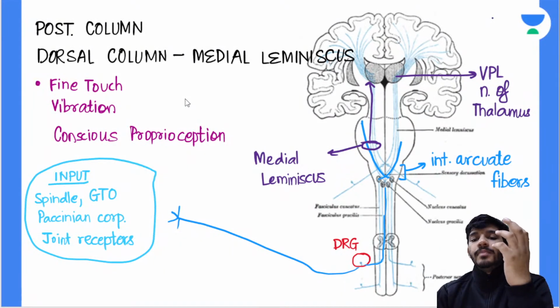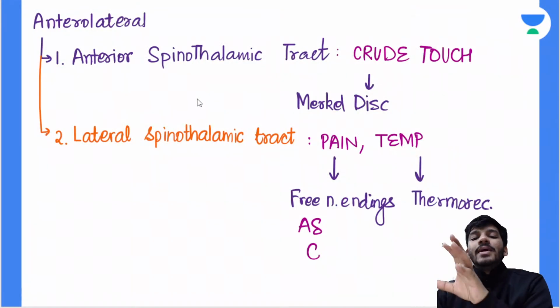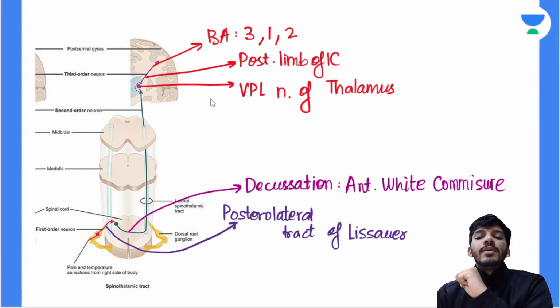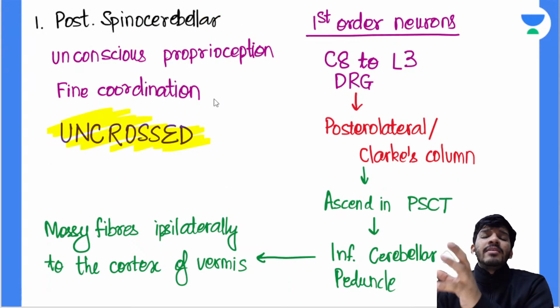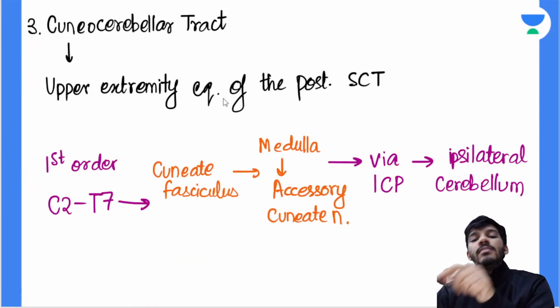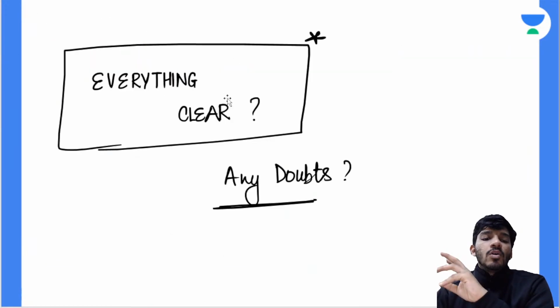Okay, the dorsal column medial lemniscus pathway, the dorsal column and the anterolateral columns, including the anterior spinothalamic tract and the lateral spinothalamic tracts, the cerebellar tracts, including the posterior spinocerebellar, the anterior spinocerebellar, and the cuneo-cerebellar. Followed it up with the cross section.